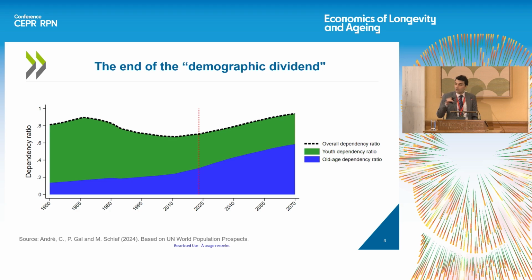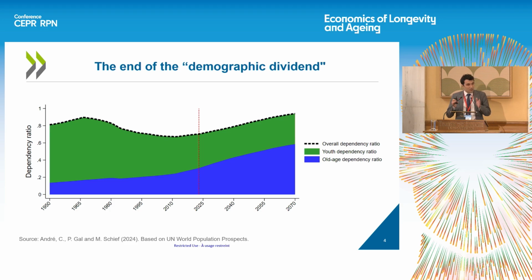That is because, despite gradual increases in the old age dependency ratio, the youth dependency ratio has actually declined. Going forward, of course, the overall dependency ratio is going to increase because the old age dependency ratio is continuing to rise while the youth dependency ratio has stabilized.